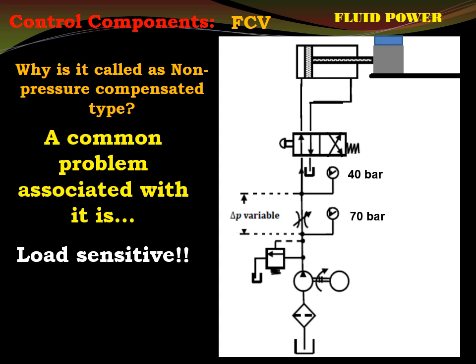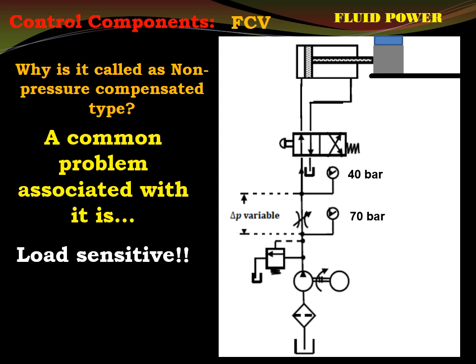You may ask, how is it possible? If we change the load, we have just seen pressure downstream to the FCV is changing. Yes, that is true. So what do you have to do to keep the pressure difference constant?